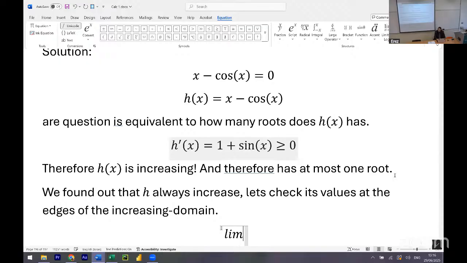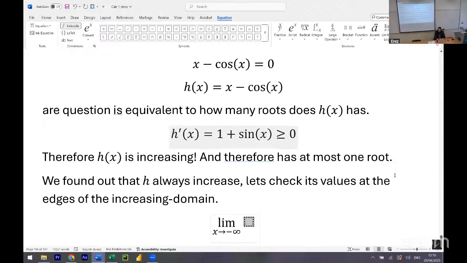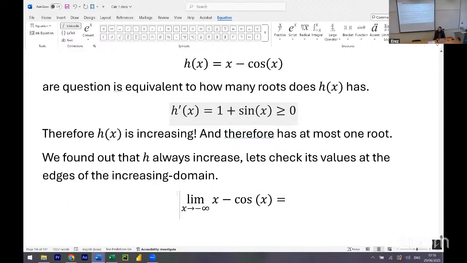The limit as x goes to minus infinity of x minus cosine of x. What does that equal? What's the limit of x? Minus infinity. And what can you say about cosine of x?